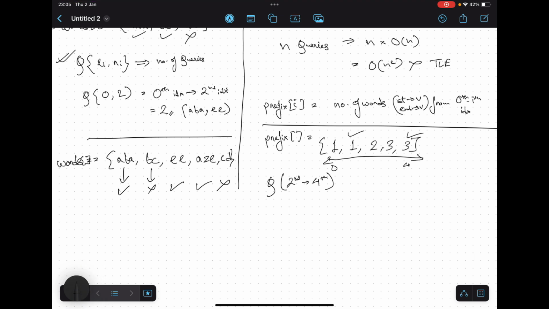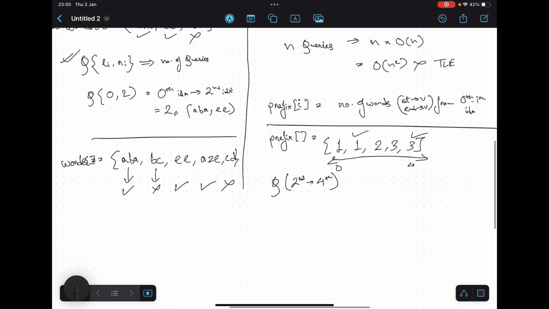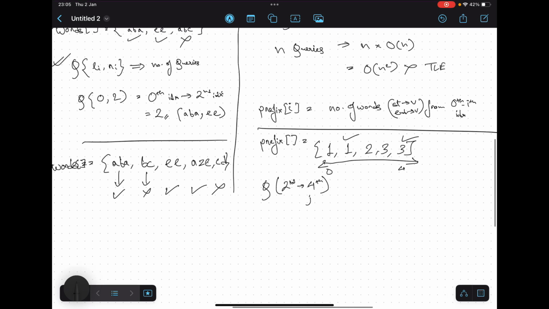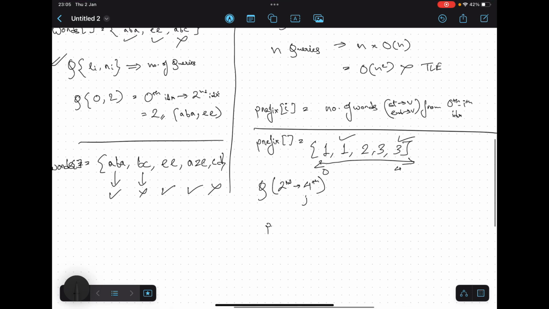So what we can say is when j is 4, prefix 4 returns the total number of words which start and end with a vowel from the 0th index to the 4th index, and prefix 4 here is j and this is i.